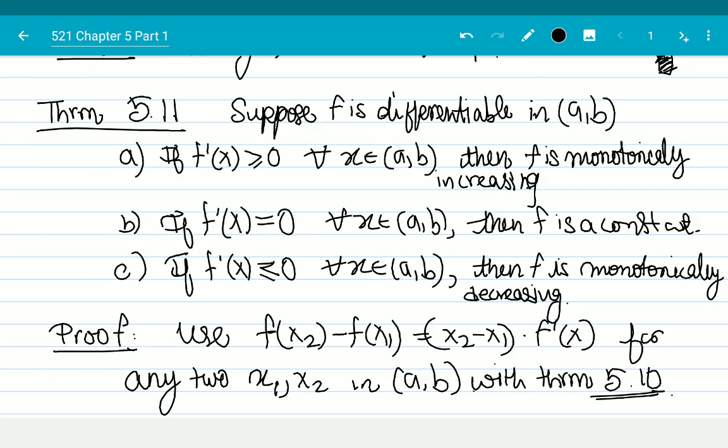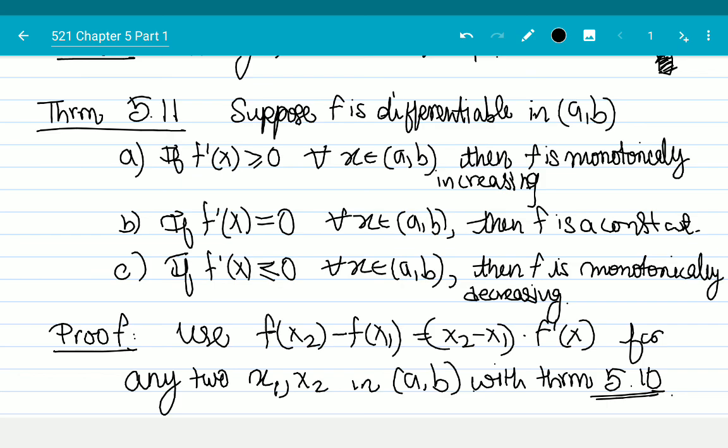Okay, and part A follows from plugging in f prime of x greater than 0. Part B, f prime of x is equal to 0. Part C, f prime of x is smaller than or equal to 0.